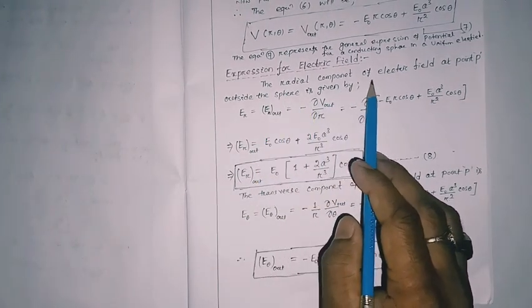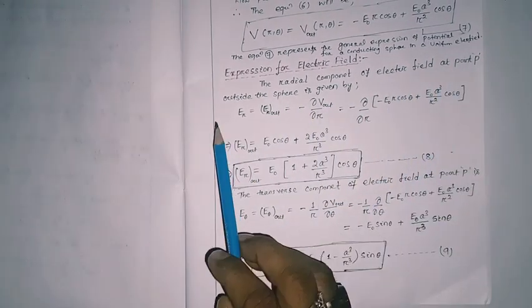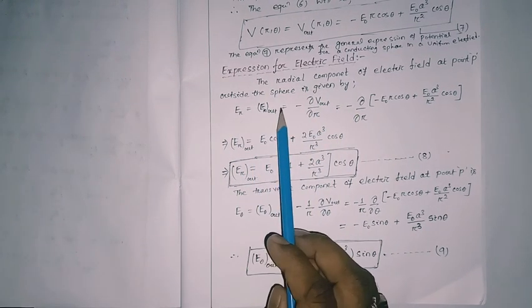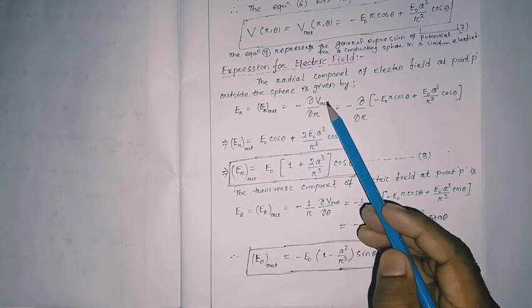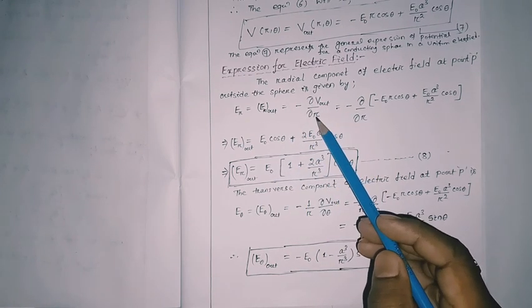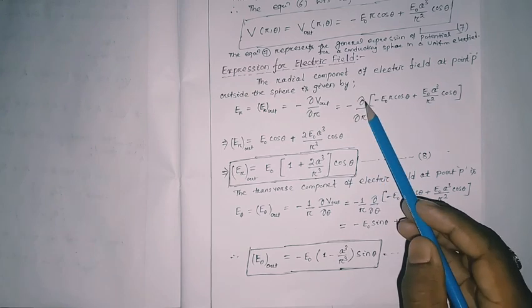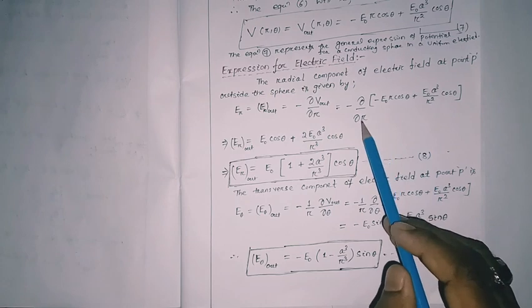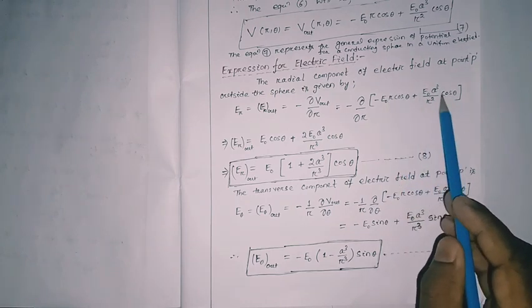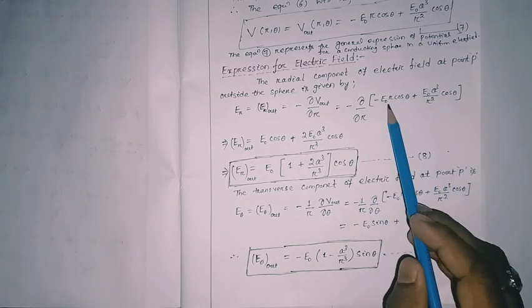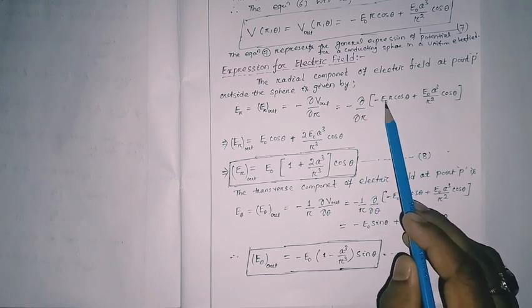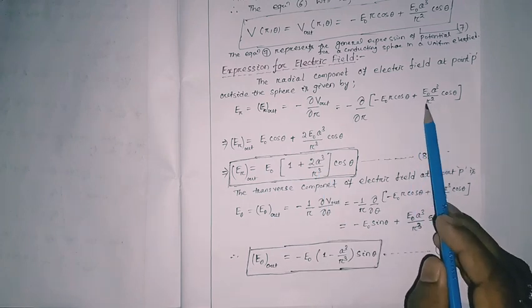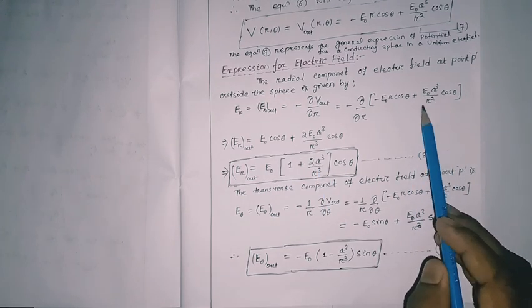The radial component of electric field at point P outside the sphere is given by E r, or E out, which is nothing but minus dV out by dr, so minus del by del r of V out. I put the expression over here and take the derivative of these two terms with respect to r. Here this will be only E0 cos theta, with minus plus E0 cos theta, with respect to r.